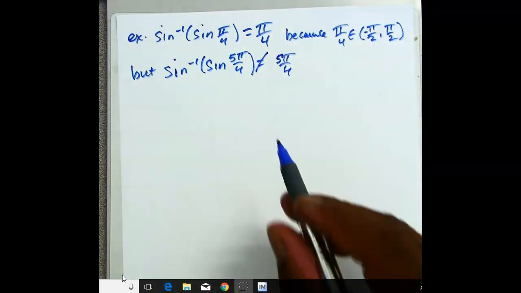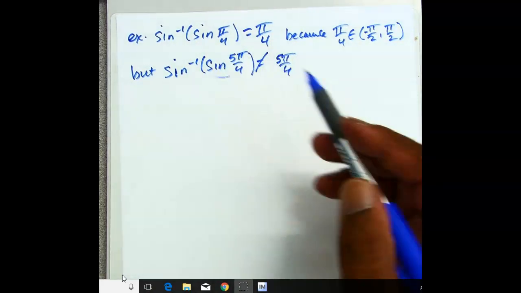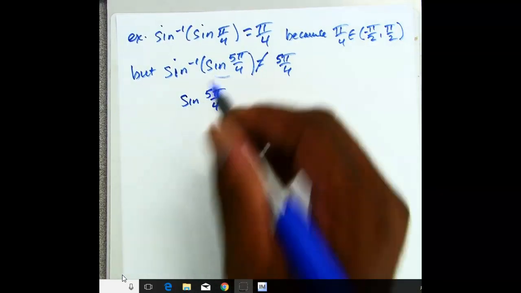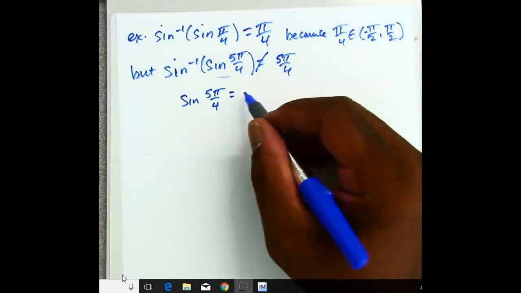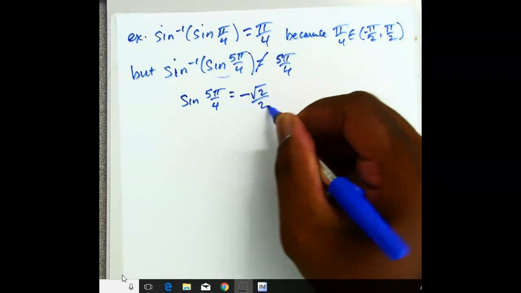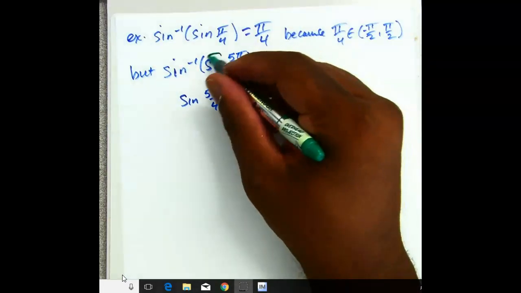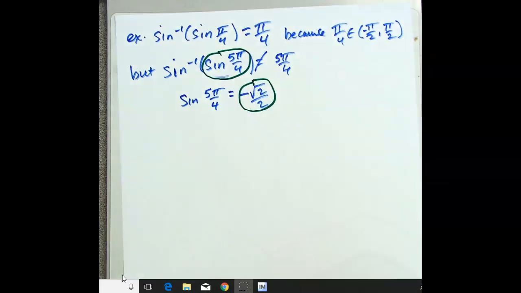So what we have to do in this case is first evaluate what the sine of 5 pi over 4 is. 5 pi over 4 is in the third quadrant. Sine is negative there. So sine of 5 pi over 4 would be negative square root of 2 over 2. So now we're going to replace this sine of 5 pi over 4 with the negative square root of 2 over 2.